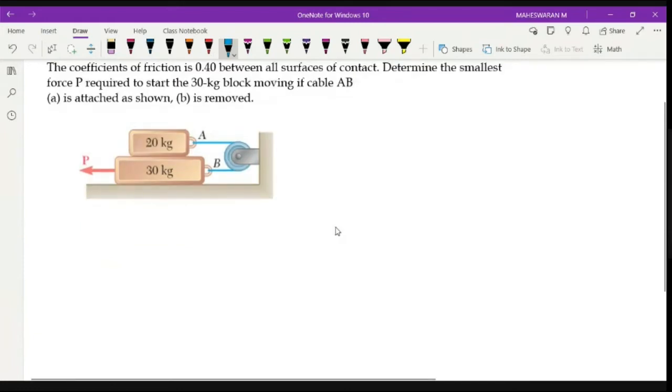Let us consider the first one, 30 kg, as block A and this 20 kg as block B. Now let us draw a free body diagram for these blocks. So for block A, this is my block.